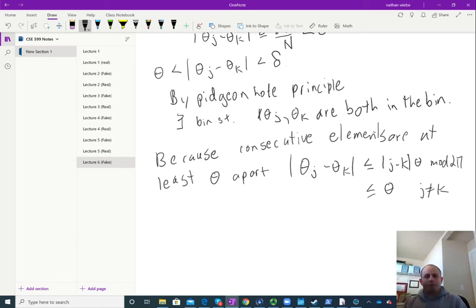Okay? So that says they have to be minimally that distance apart.